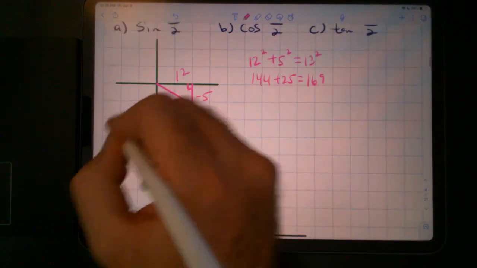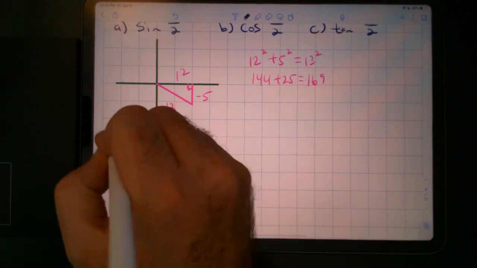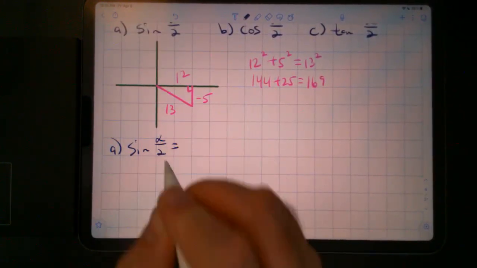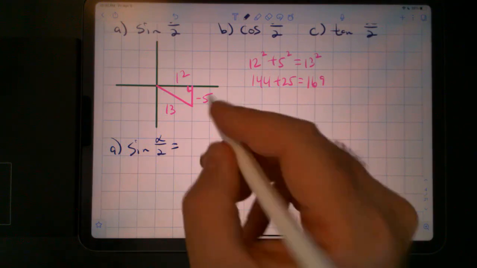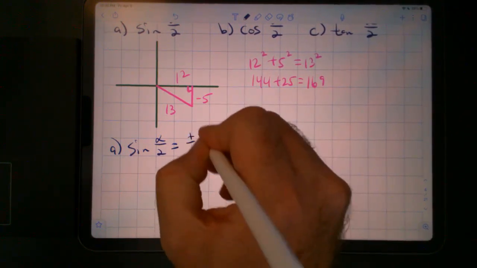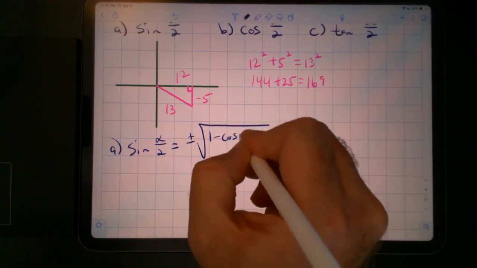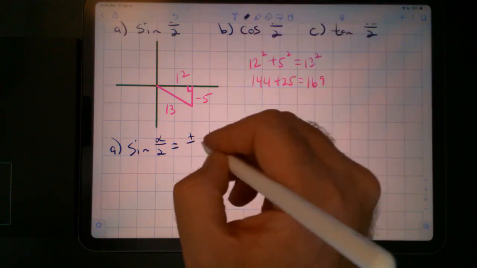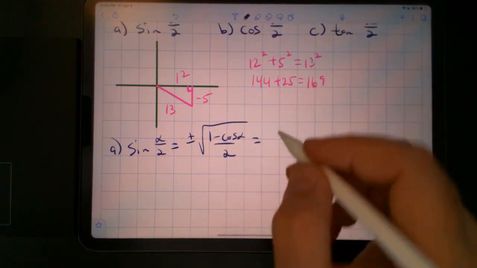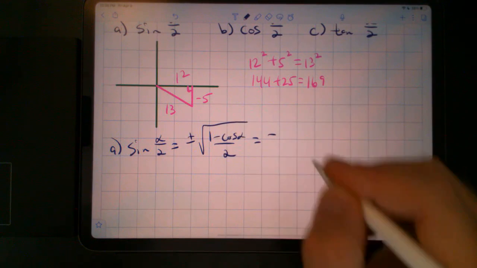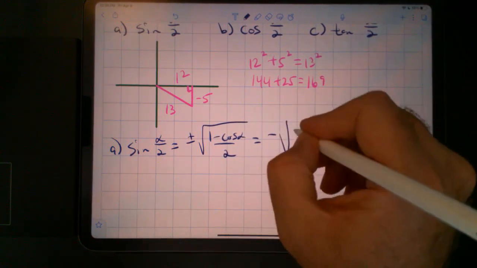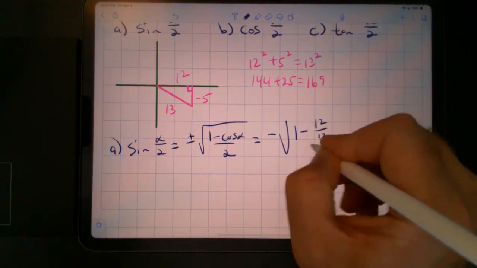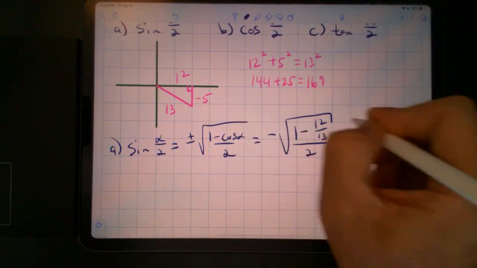Okay, so for A, sine of alpha over 2, this is going to be plus or minus the square root of 1 minus cosine alpha over 2. And sine is negative in quadrant 4. Then we have 1 minus cosine, which is 12 over 13, all divided by 2.